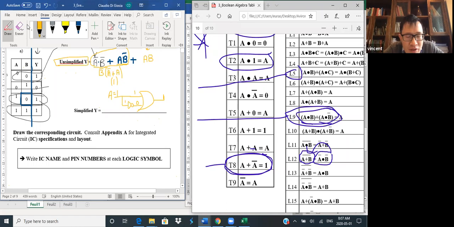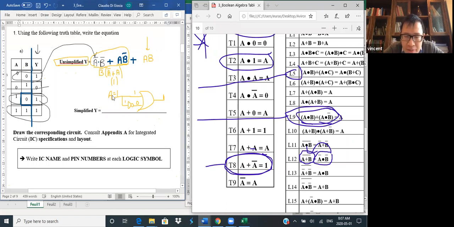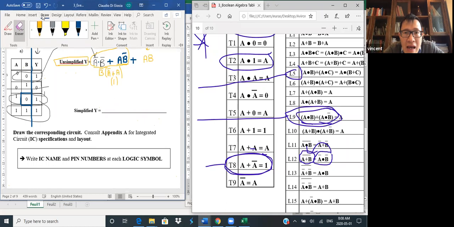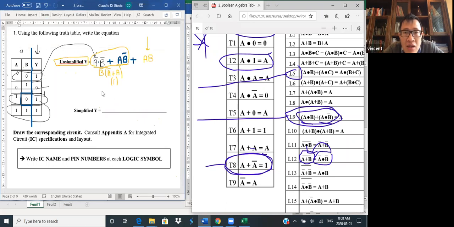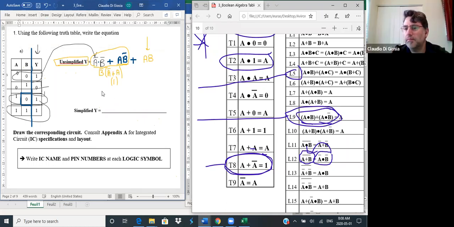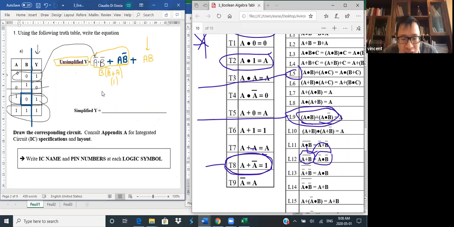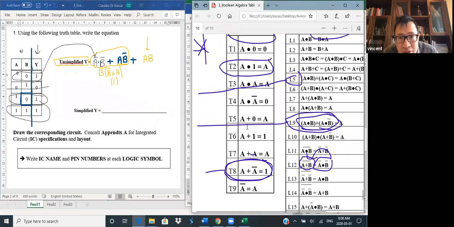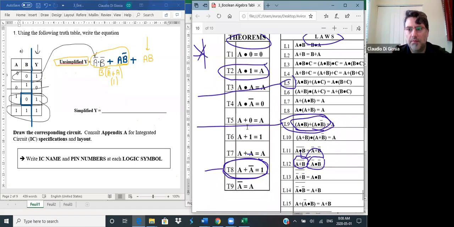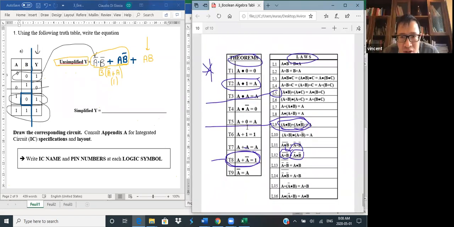I have a question, sir. Yesterday, I didn't understand this. In your Boolean Algebra table, on the left is the theorem and on the right are the laws, yes?